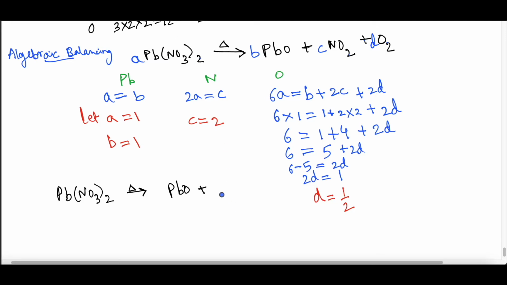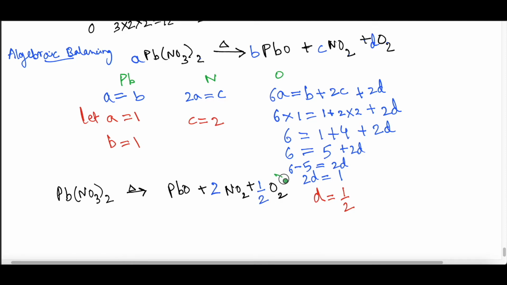On putting the value of C as 2, 2 NO2, plus for this D we have half O2. On observing this chemical equation, a fraction is seen. So in order to remove this fraction, what will we do?